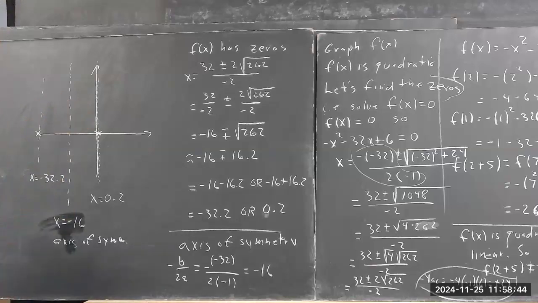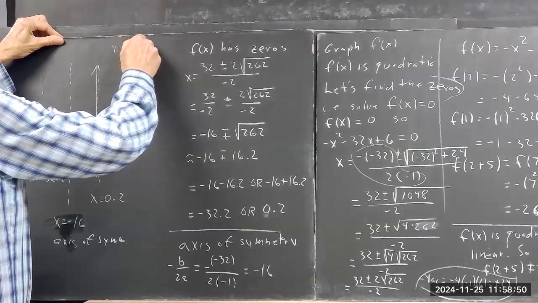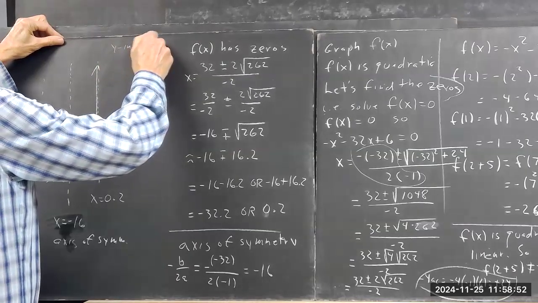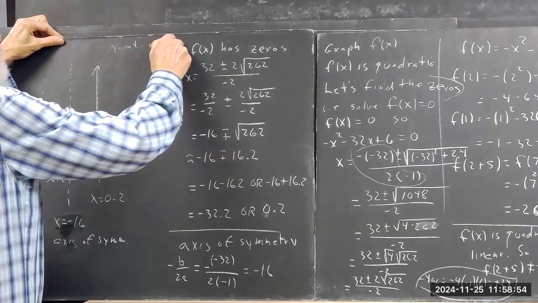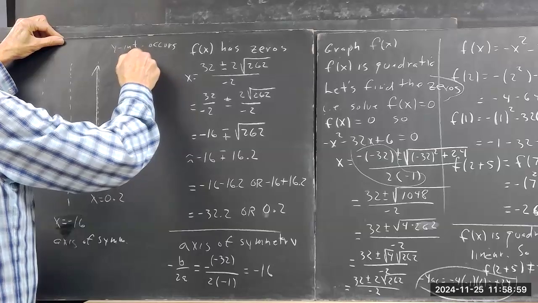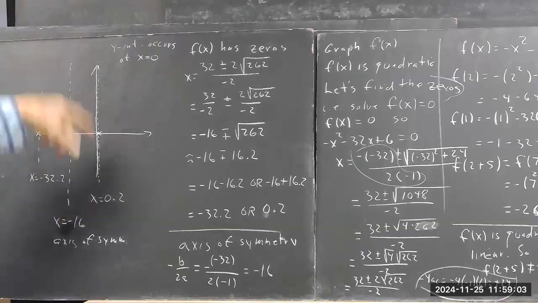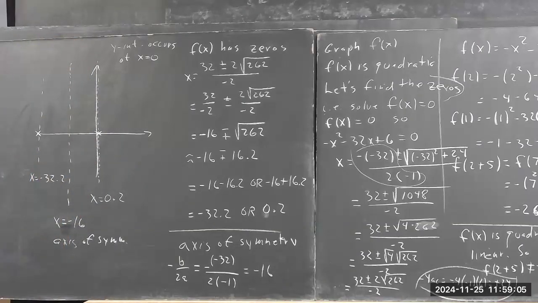The other thing we can get is the y-intercept. It occurs at x equals 0, because x equals 0 is the coordinate of any point on the y-axis.